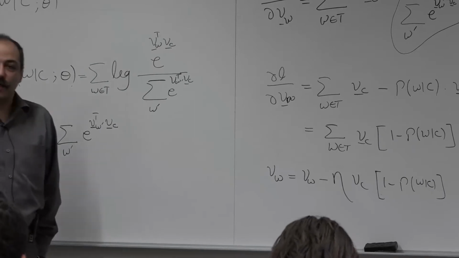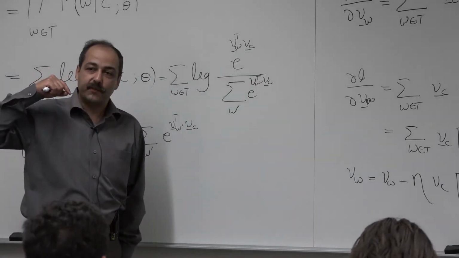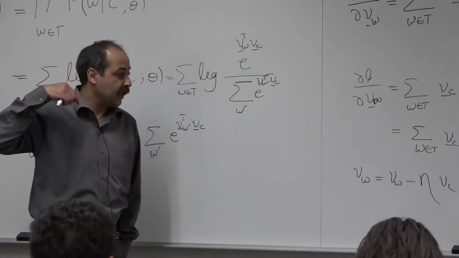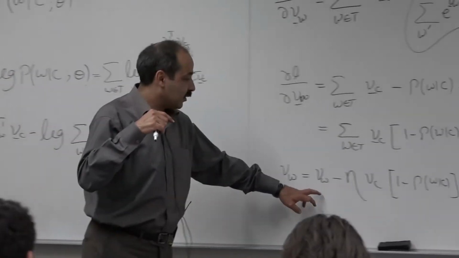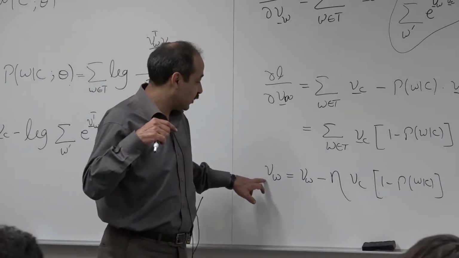So I can initialize with some Vw and Vc and apply gradient descent to find Vw.